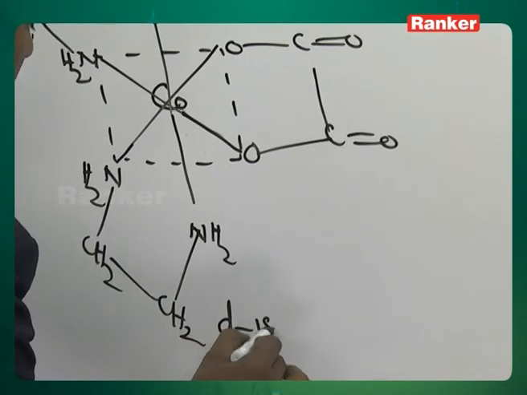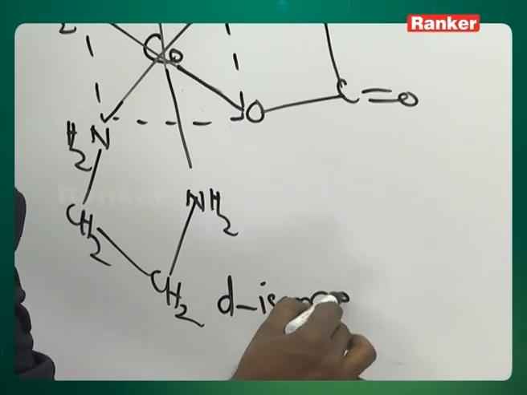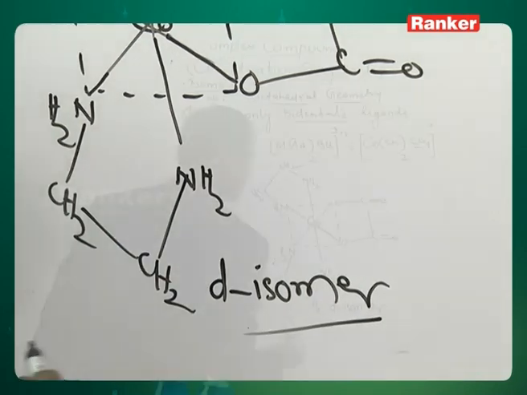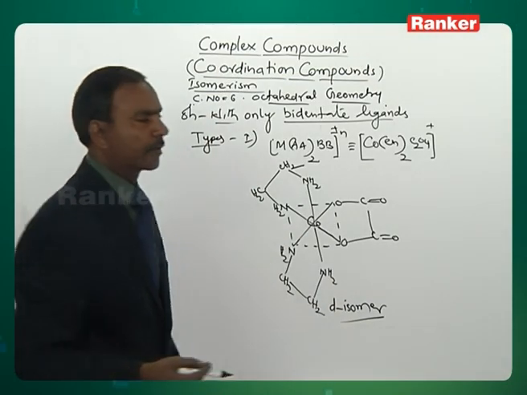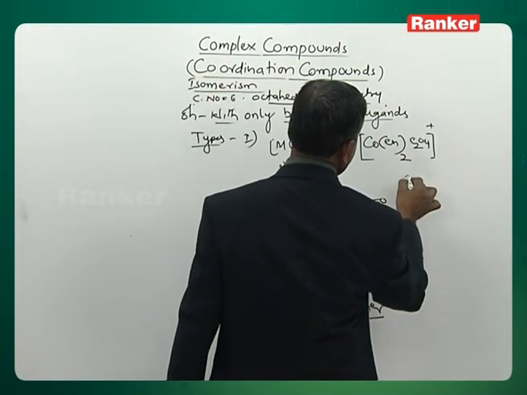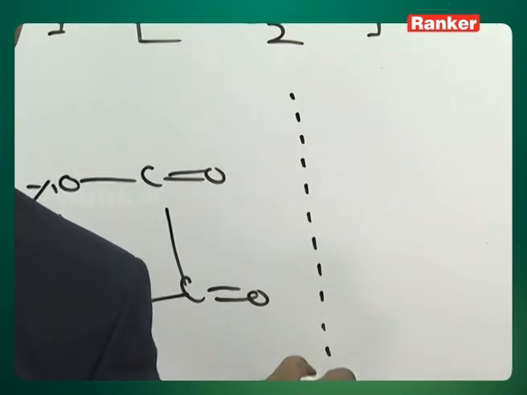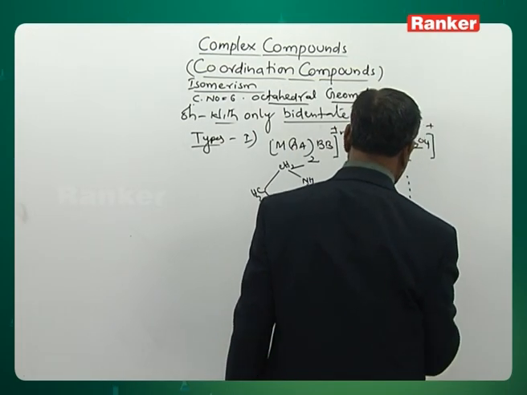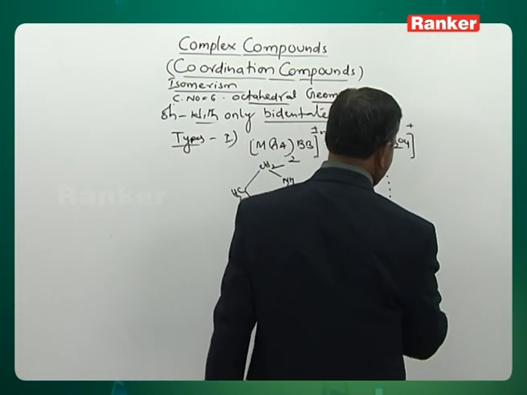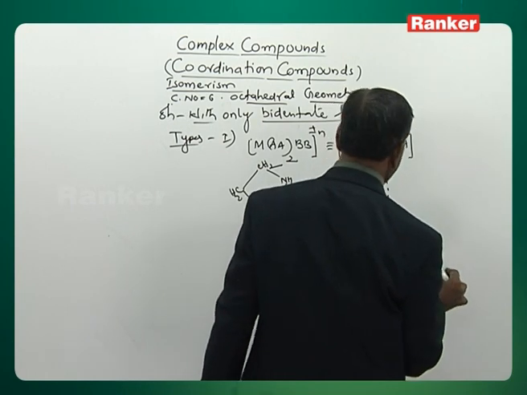Take this as the D isomer. Next mirror image you write for this, that will be trans. This is D, and again that is L, sorry, D isomer, the mirror image L isomer.